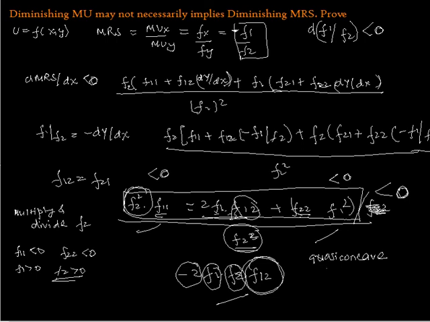So diminishing marginal utility, that is f11 less than 0 and f22 less than 0, will not imply that dMRS by dx is less than 0. This inequality may or may not hold, so it will not necessarily imply that diminishing MRS will hold.